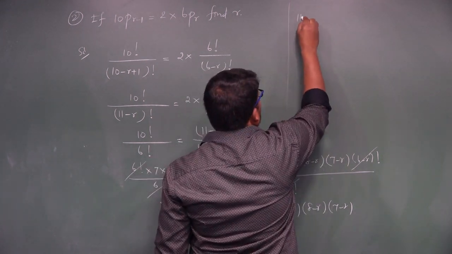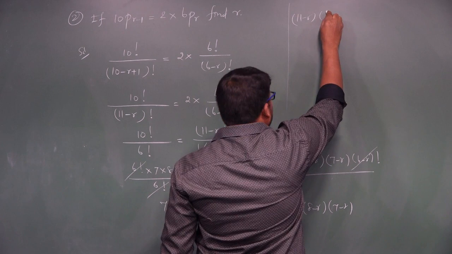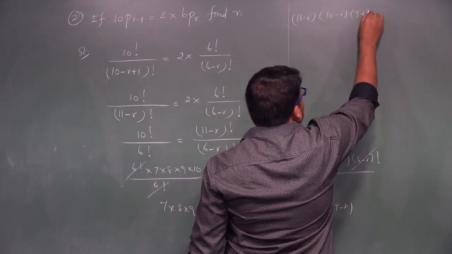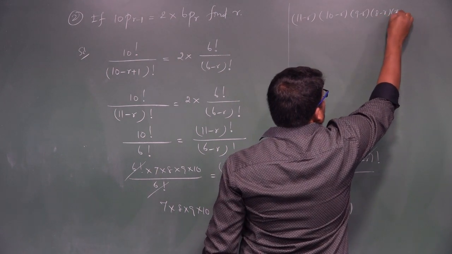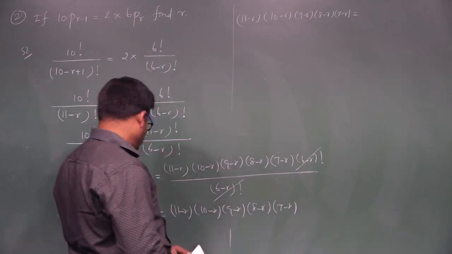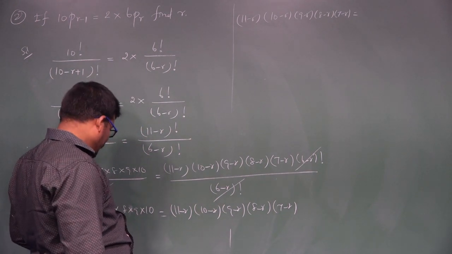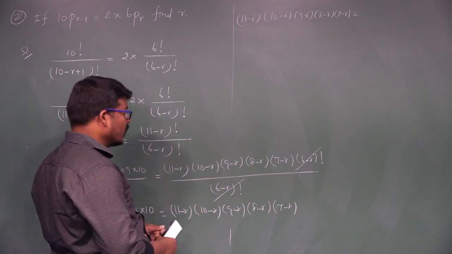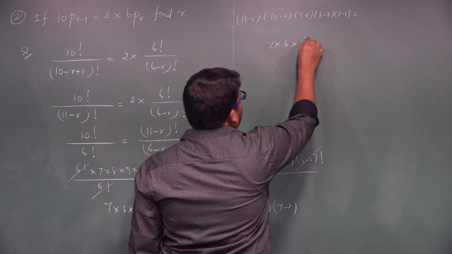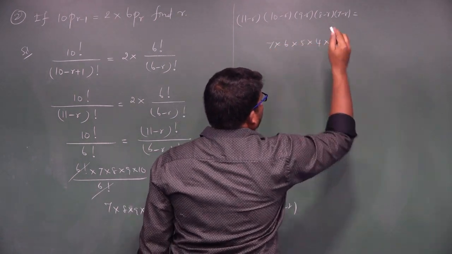This is (11 minus r) into (10 minus r) into (9 minus r) into (8 minus r) into (7 minus r) equal to. Now split the value 7 into 8 into 9 into 10 into 5 terms: 7 into 6 into 5 into 4 into 3.